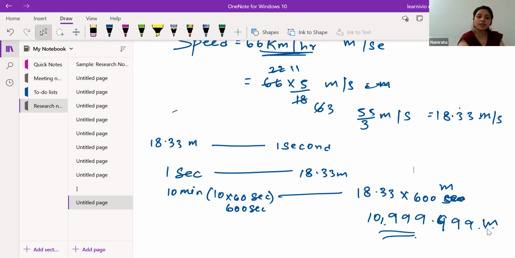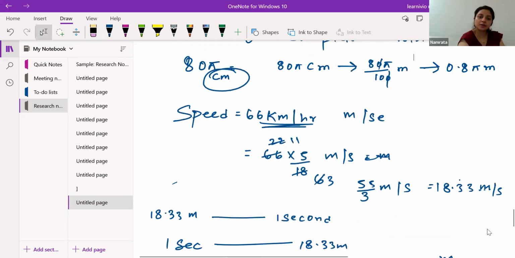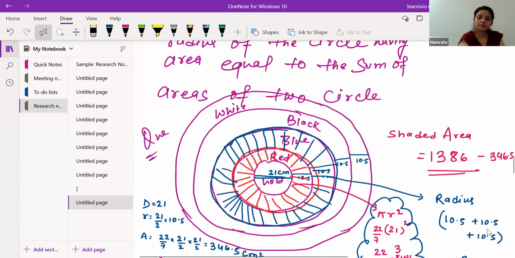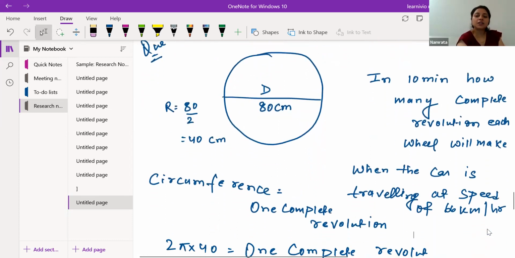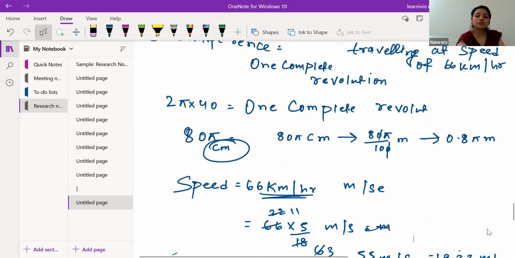Now let's get back to the previous part. In 10 minutes, how many complete revolutions will the car make?